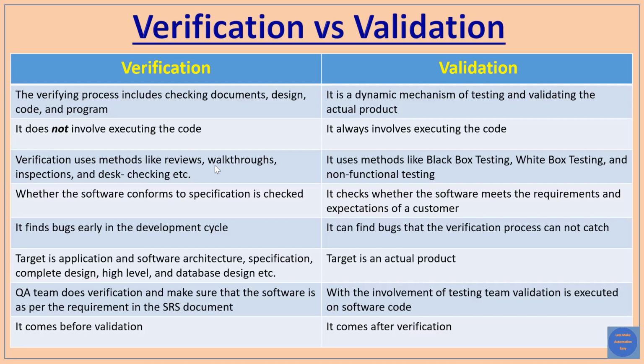In validation, the testing team is involved, and validation is executed on the actual software code. The last point is very simple: verification comes before validation, and validation comes after verification.